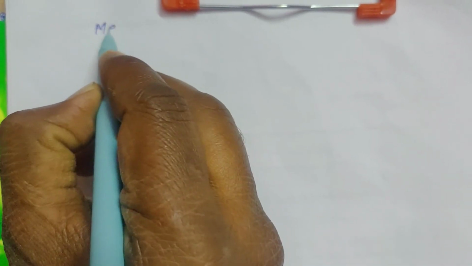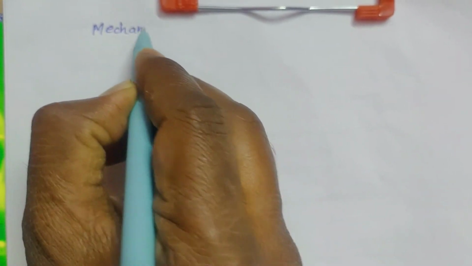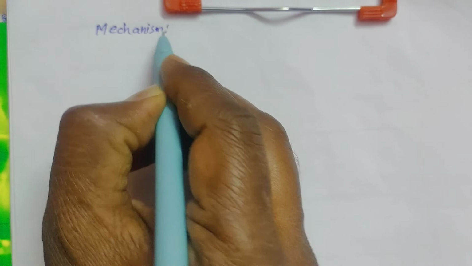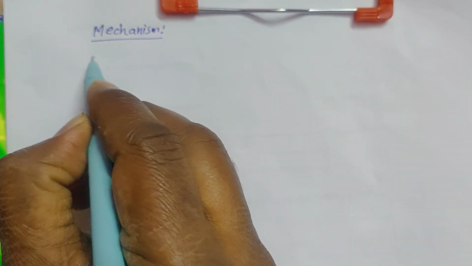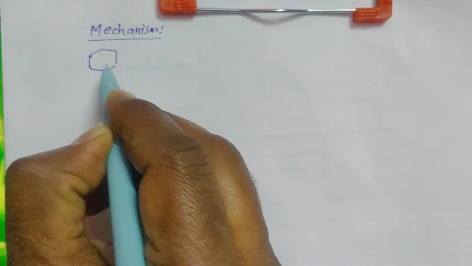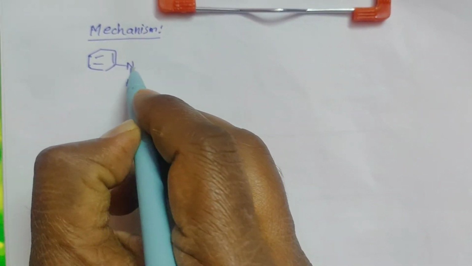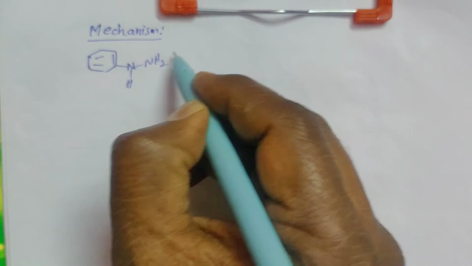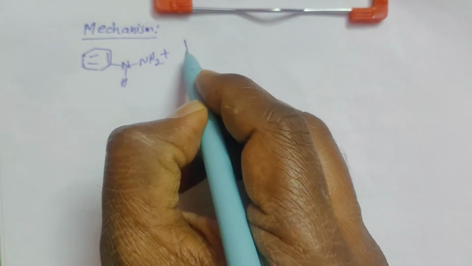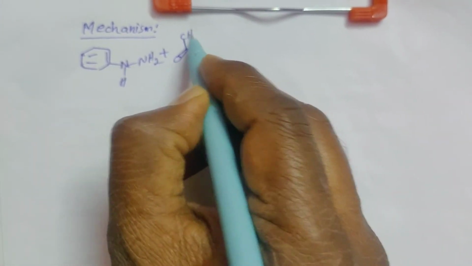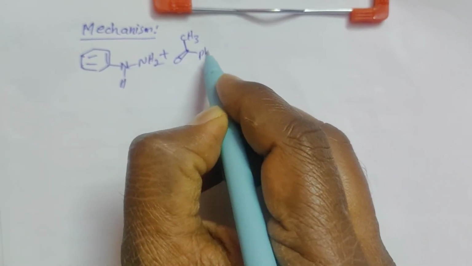Go for the mechanism related to the Fischer indole synthesis. In the Fischer indole synthesis, first step is the condensation of the hydrazine with the carbonyl group. So here as a carbonyl group we are taking acetophenone. This is acetophenone.